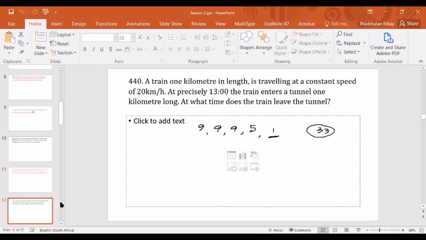Okay, now let's look at the next problem. The next problem says a train. Read through that problem, please.